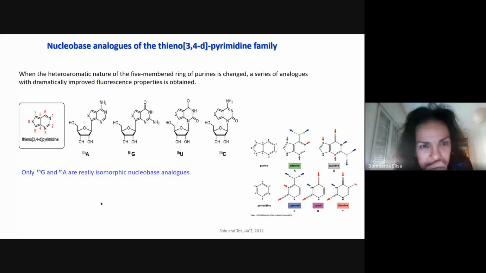So, for example, we can study the kinetics of DNA unwinding, in this case, following the binding to the endonuclease Cas9. So that's an example. Okay.